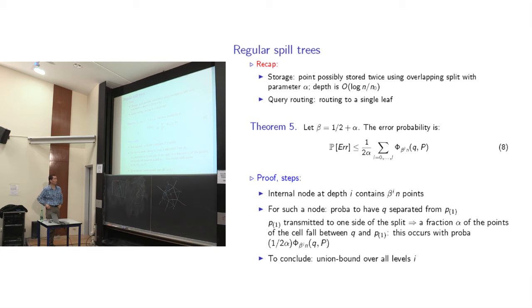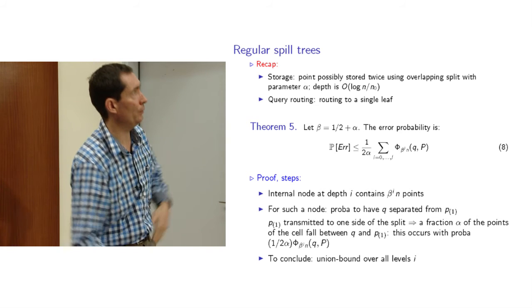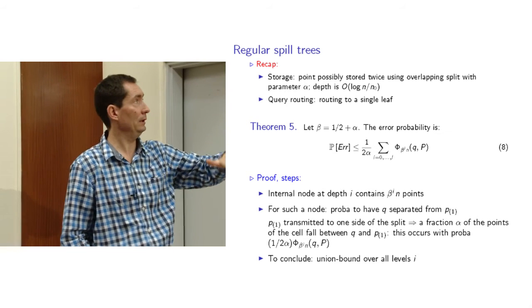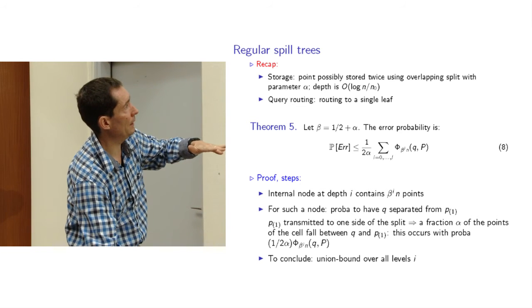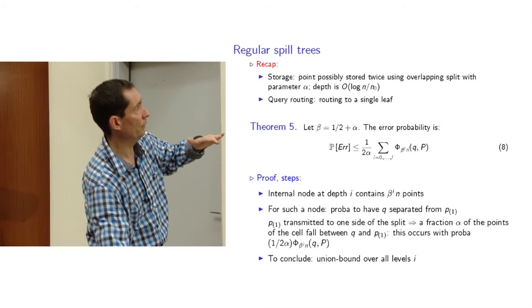Let's use beta equal 1/2 plus alpha. Then the probability to have the nearest neighbor returned by the defeatist search using a regular spill tree is bounded by this quantity: 1 divided by 2 alpha, and the sum over all levels of the tree of the function phi applied to all nodes of the tree.